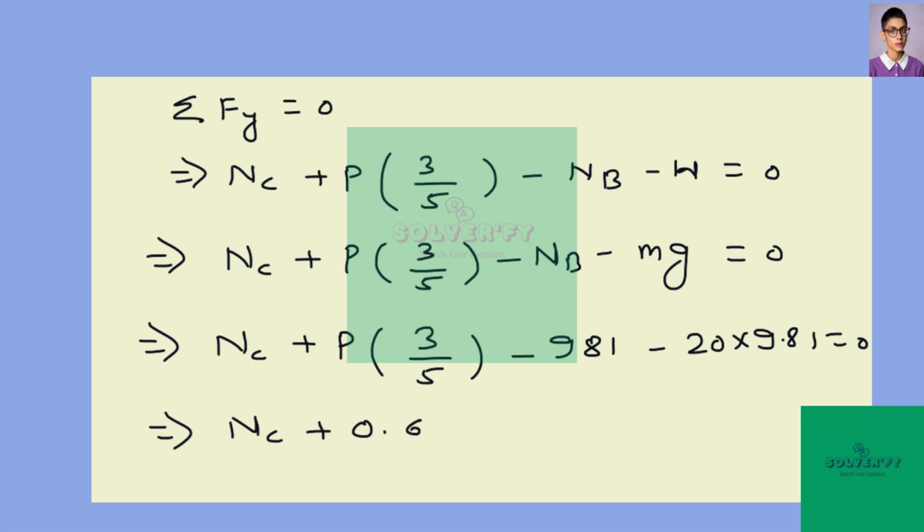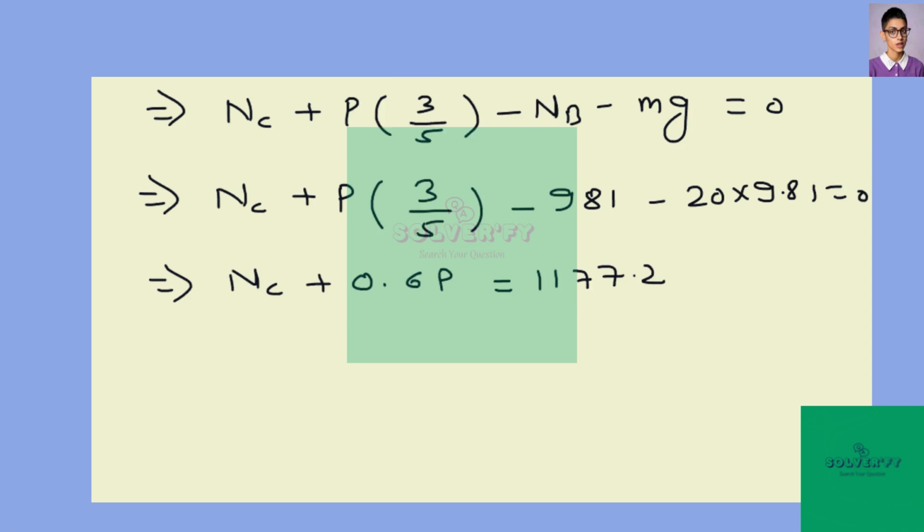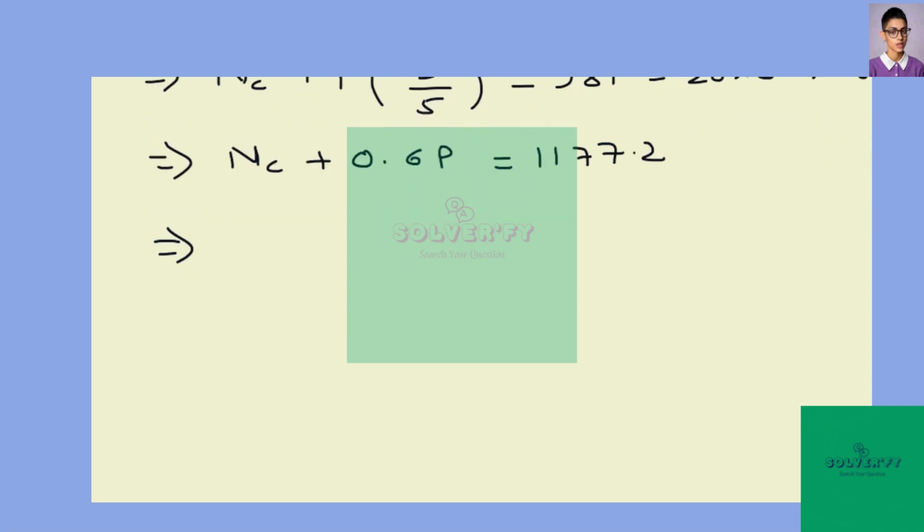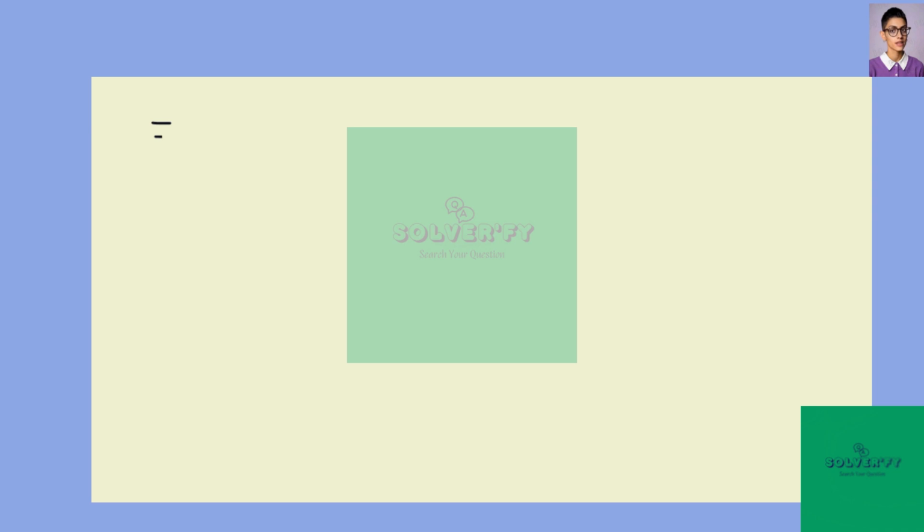So Nc plus 0.6 P is equal to 1177.2. Now we can write Nc is equal to 1177.2 minus 0.6 P.